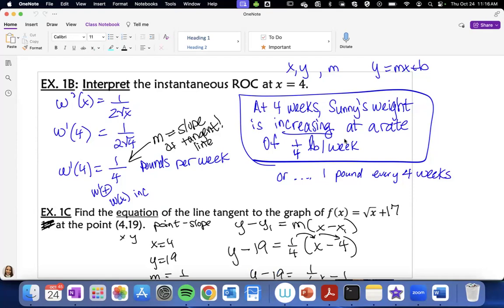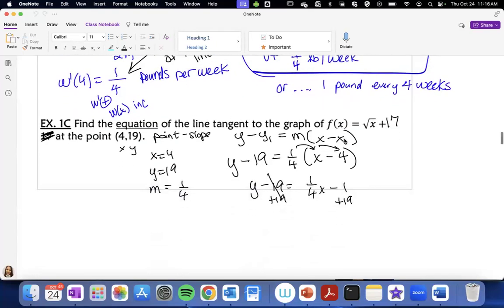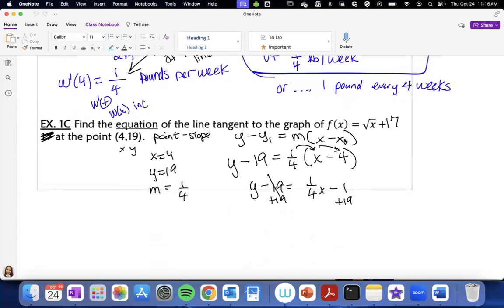And then you add 19. Oh, absolutely. Thank you. Always let me know if I forget to do that. I'm doing two tech things here. Okay. And then we get y equals 1/4 x plus 18. And that is the equation of my tangent line.